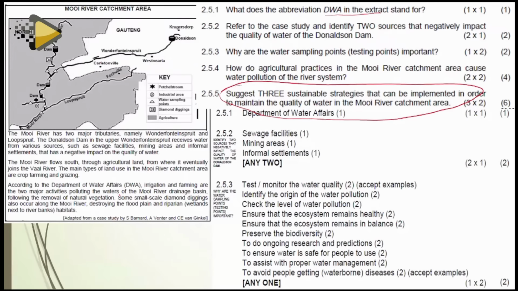Most of the questions there will be based on the source that you have. But what is important is strategies, sustainable strategies to implement to maintain the quality of water.